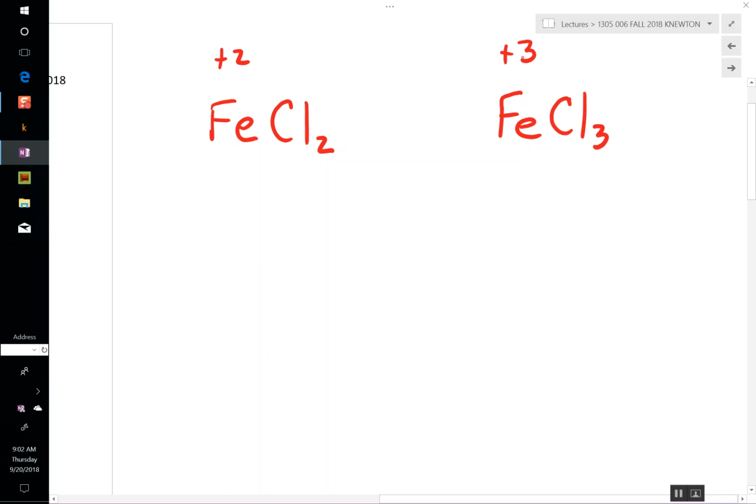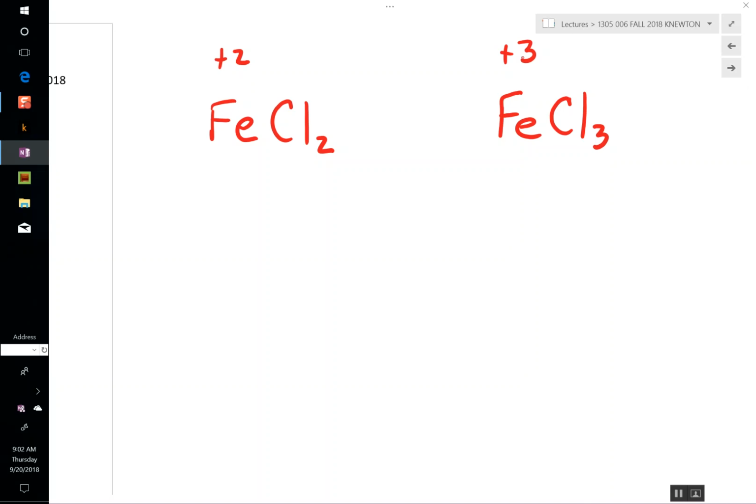So I can't call these iron chloride. I can't just stop there. I can't say, go get me a bottle of iron chloride. You'd go over there and they would look at you and say, which iron chloride do you want? He didn't tell me. Well, he should have told you. Iron 2 chloride or iron 3 chloride.